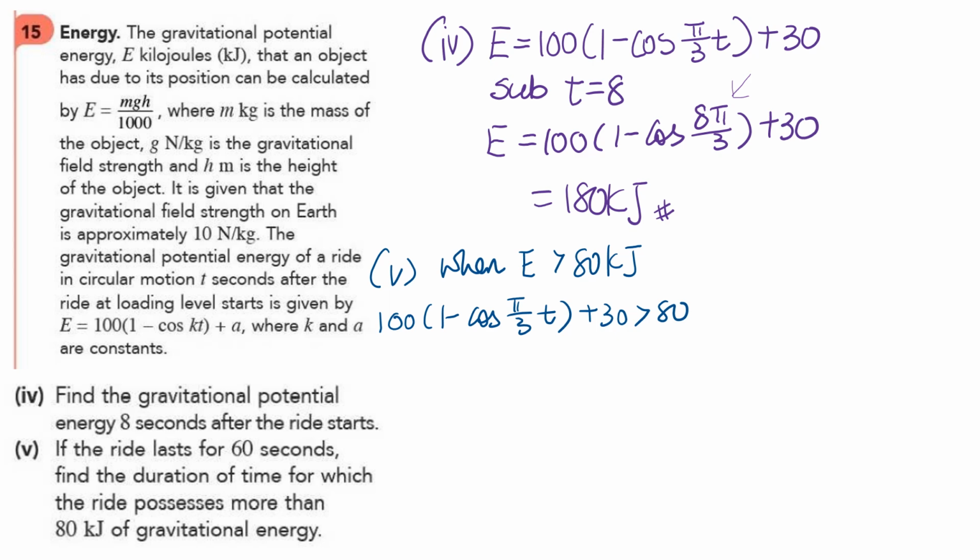And if you remember, for inequalities, we need to deal with the inequality curve, right? If your curve is this, and this is what you want, then x is more than a and less than b.